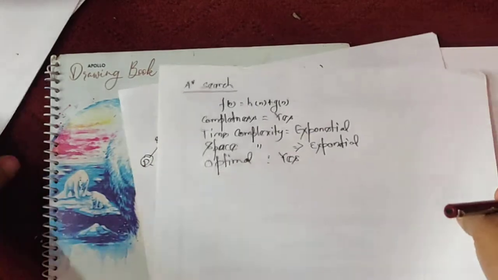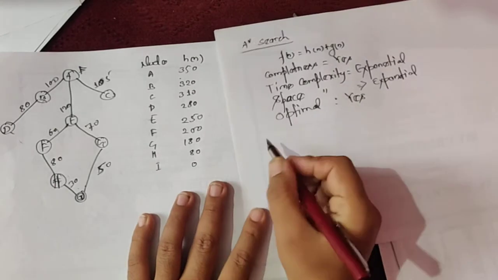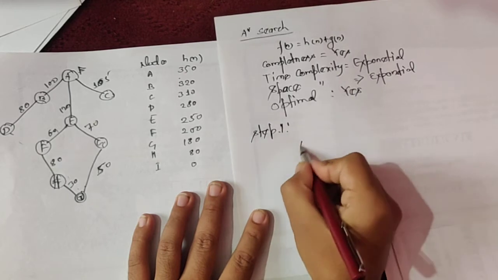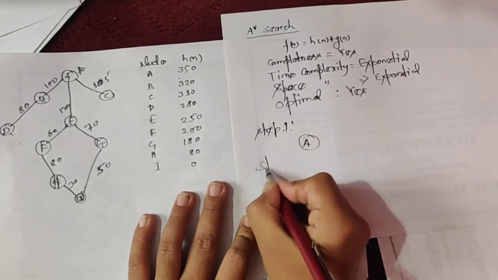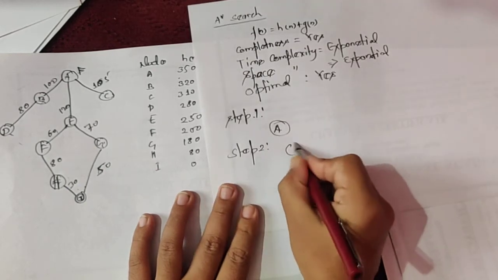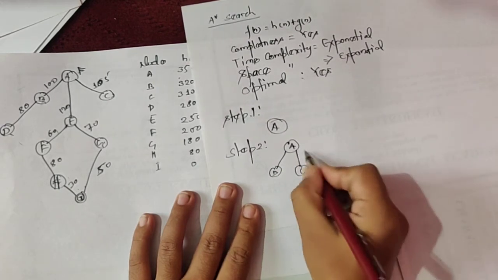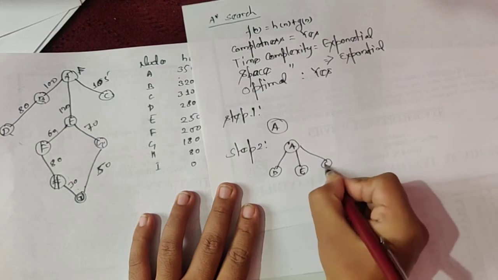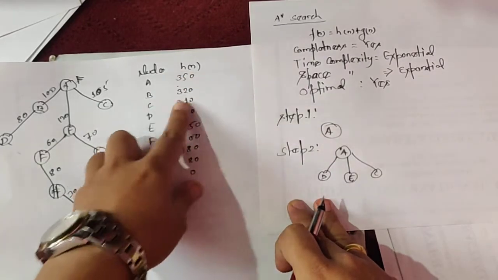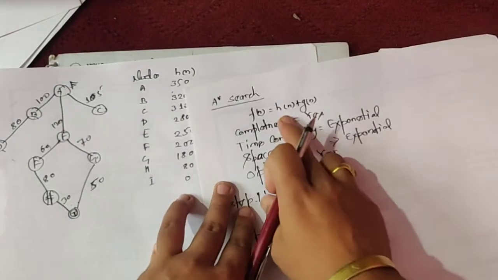So let us do the same example. Step 1 is similar to best first search. Step 2 is different. From A, we go to B, E and C. In the previous case, in best first search, we used 320 here, but in this case we have to use HN and GN both.